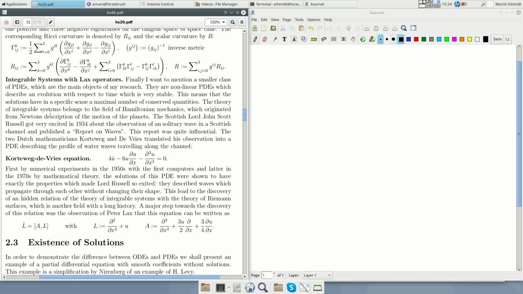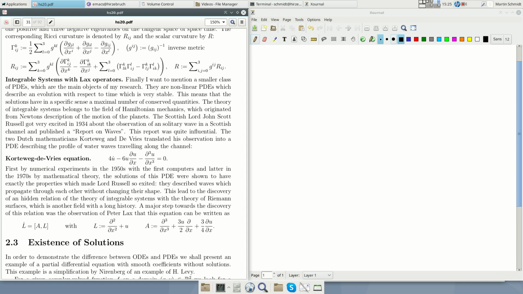And this theory of integrable systems is a part of the theory of Hamiltonian mechanics, which originated from Newton's description of the motion of planets and description of gravity, how gravity between masses acts. Now, inside this class of Hamiltonian mechanics, there exist special systems with a maximal number of conserved quantities, and they are called integrable systems.